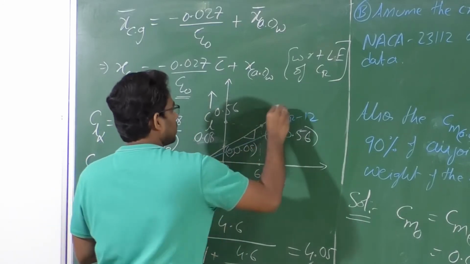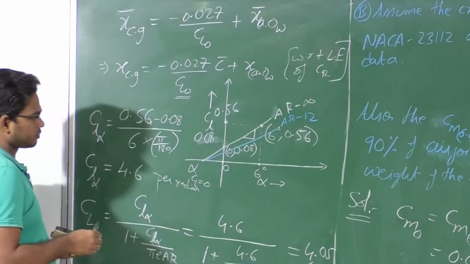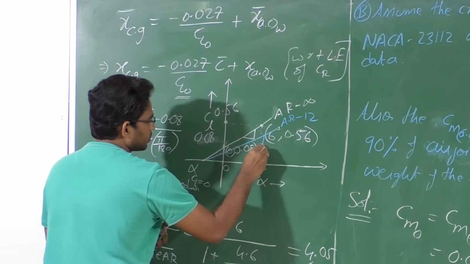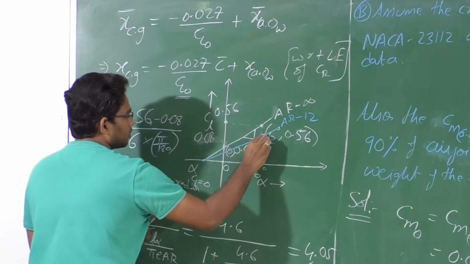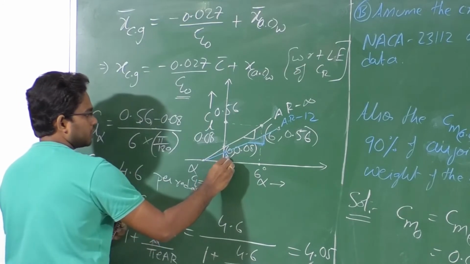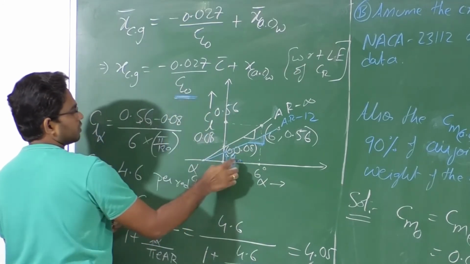So I know the lift curve slope 3D right now. In order to find out CL naught, this is the CL naught that is required.